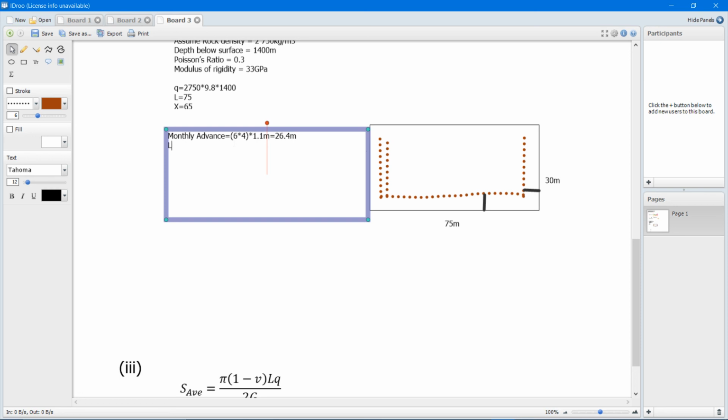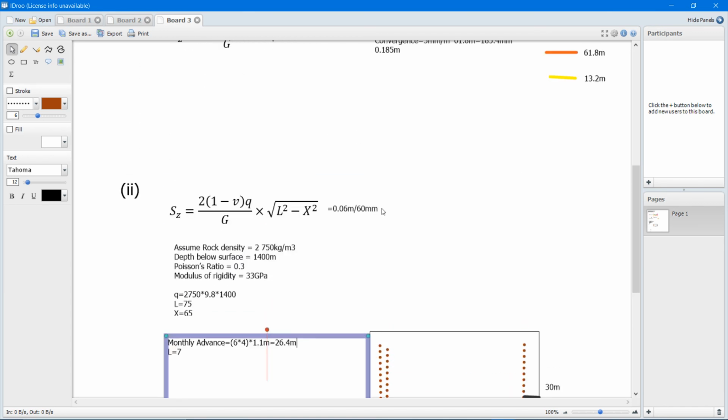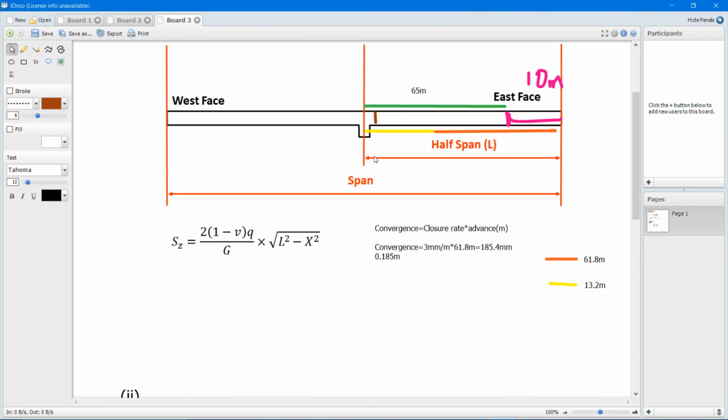Now we do know that L is just about 75 meters. However, for the sake of accuracy, we can reduce it, because the distance from the center here to the first pole counts as a distance that is not supported until we get to the first pole, and then the poles come after that.